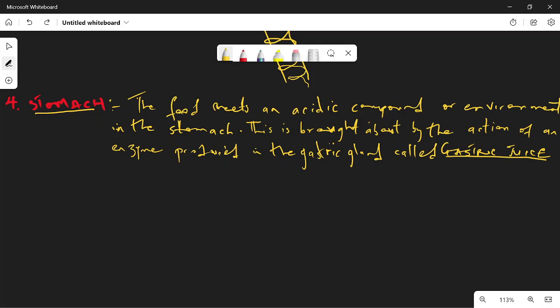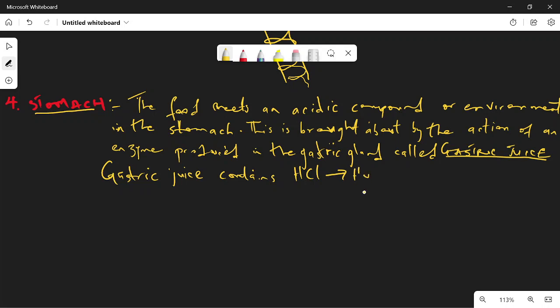And the active substance in the gastric juice, because you could be asked, what is the active substance in the gastric juice? The active substance in the gastric juice is HCl.